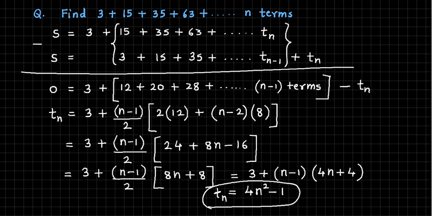Now since we have the general term in terms of n, we can proceed and get the expression for the sum of n terms. The sum of n terms is the summation of all such general terms denoted by Tr, where r varies from 1 to n.